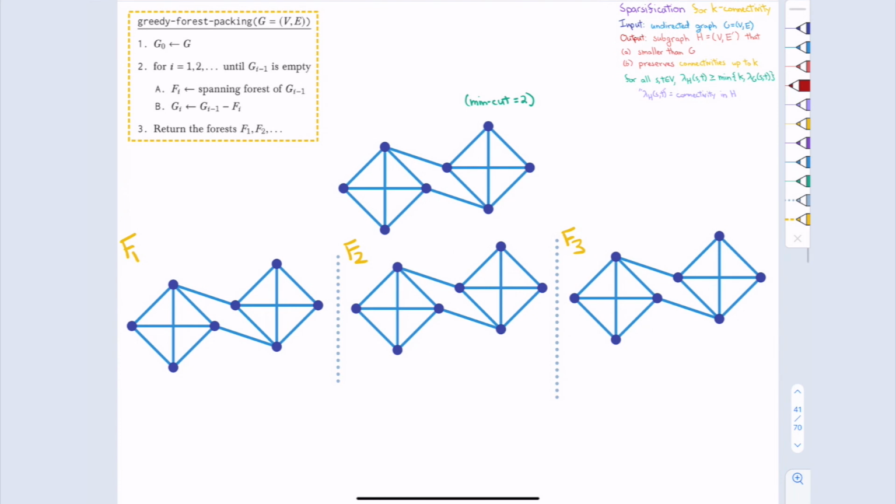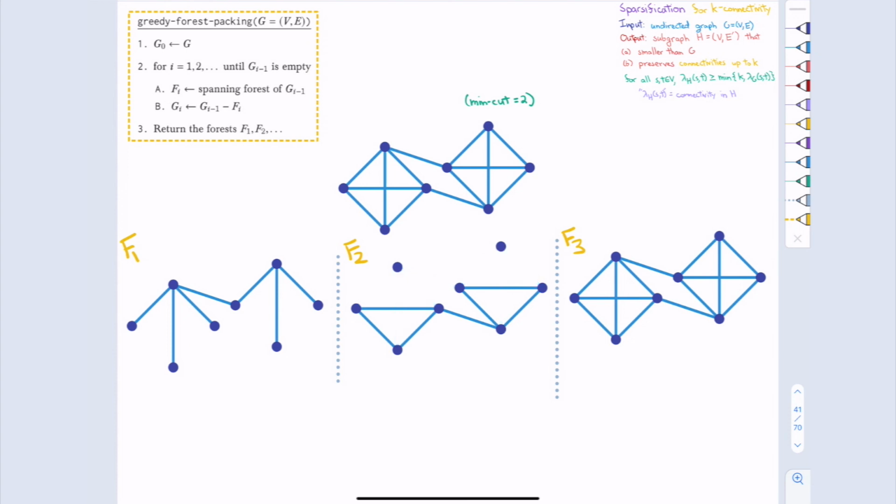I gave myself a little space for an example. I'll just do it. So the first forest might be something like that on the left. That will be one spanning forest of the original graph, if I'm not mistaken. So that means those edges are now unavailable for the next forest.